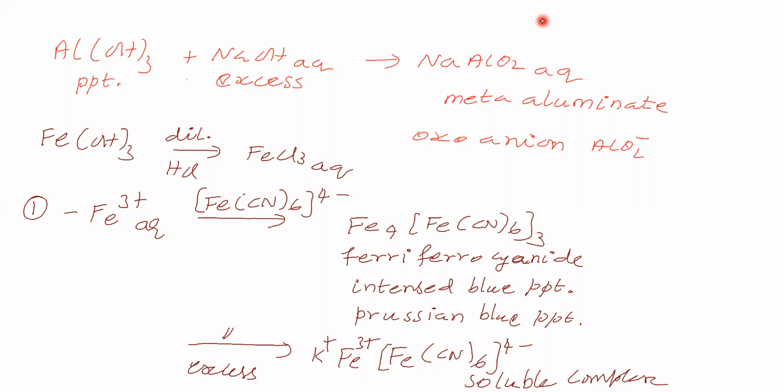Now we will go for the second test for ferric. We will take a second part of ferric and add ammonium thiocyanate.